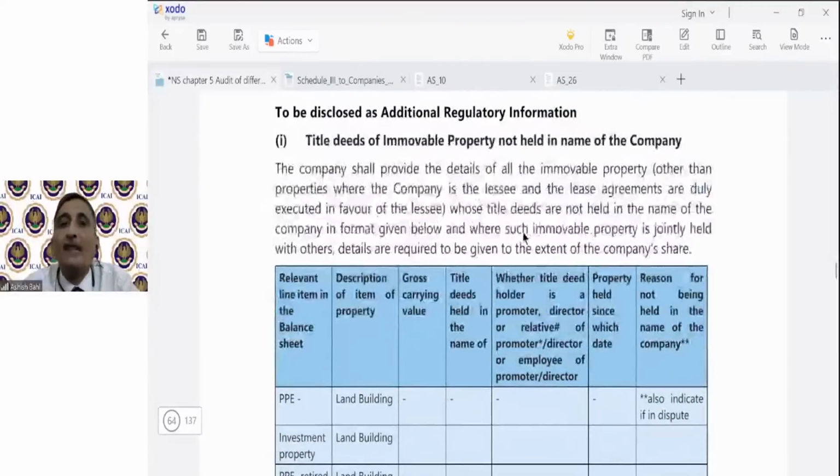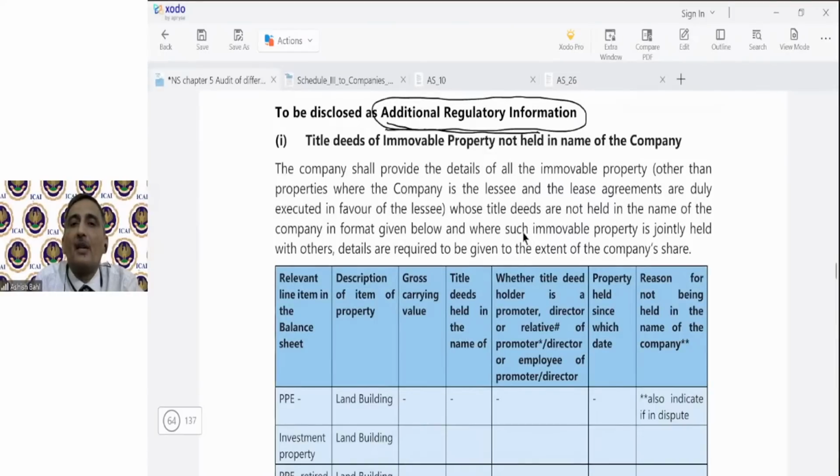Besides this, certain additional points are to be disclosed as regulatory information. The title deeds of immovable property not held in the name of the company. The company may have certain immovable properties in respect of which it does not have title deeds.